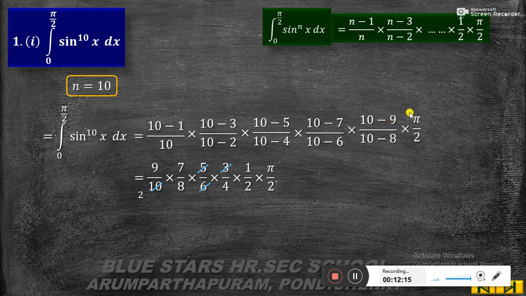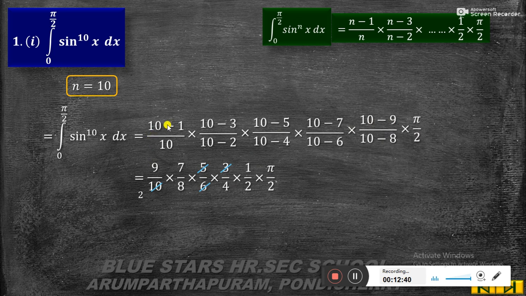After that, 10 minus 11 would be negative; we stop before the 10 because n equal to 10, so we take only up to before the 10. After that 10 minus 10 means it is 0, it comes to infinity, so we stop up to this. That means we stop up to 9, into pi by 2.